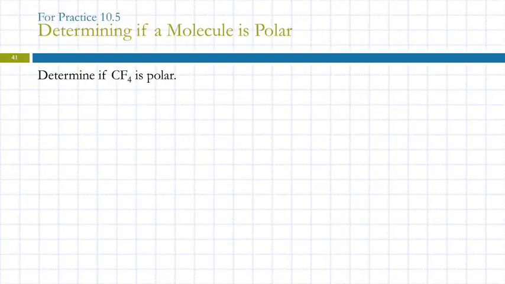So let's practice that. Determine if carbon tetrafluoride is polar. We still need the Lewis structure because we have to see, are there any lone pairs on the central atom?